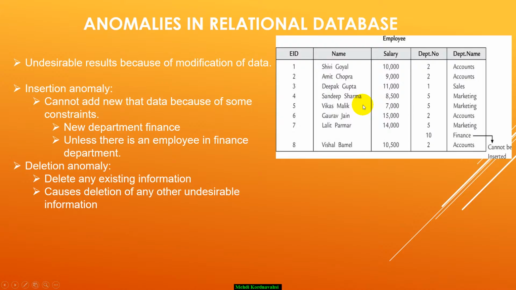For example, in relation employee, if you try to delete the tuple or record containing Deepak, this leads to the deletion of department sales completely. There is only one employee in the sales department. Look at here. If you delete this employee, you will lose the sales department because there is no other sales department in other records.